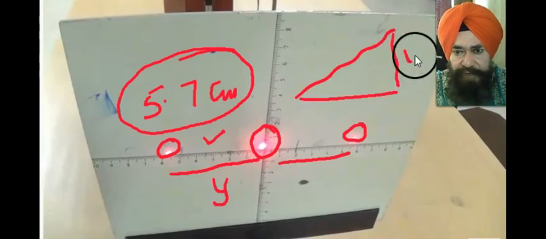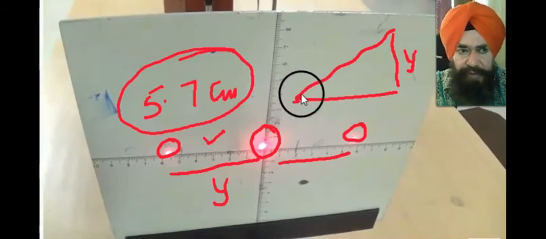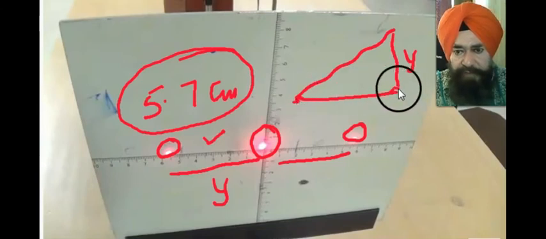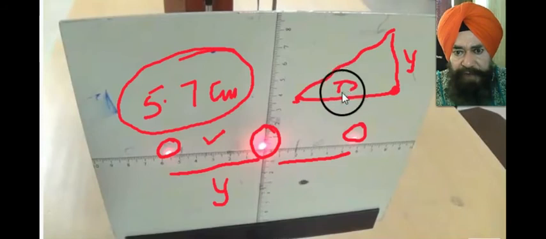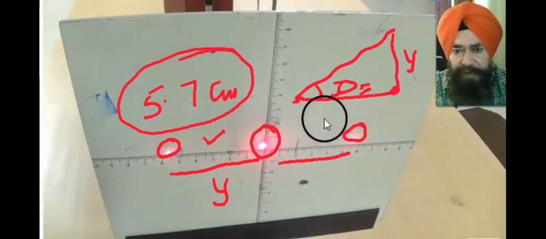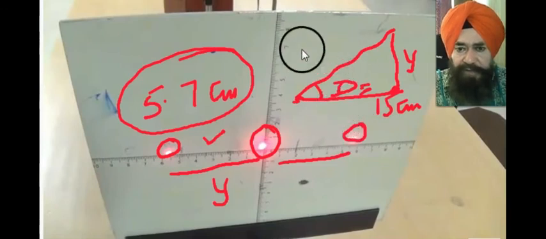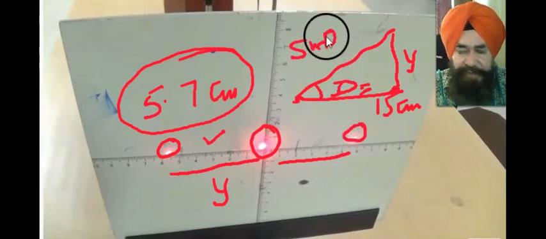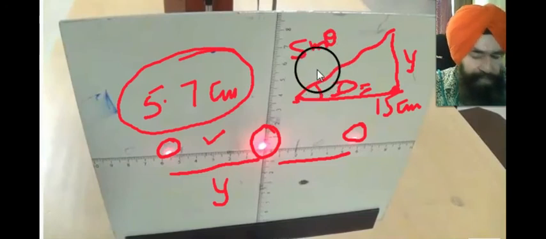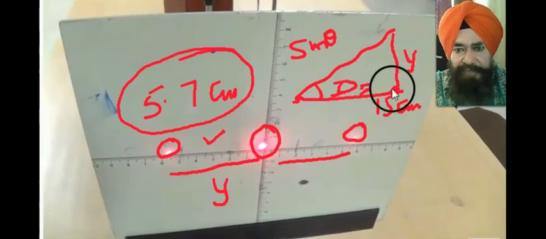So if this is y, and from the grating to the screen the distance is capital D, and in my case this is around 15 centimeter, then you can find what is sine theta. This is 5.7, this is 15 centimeter.